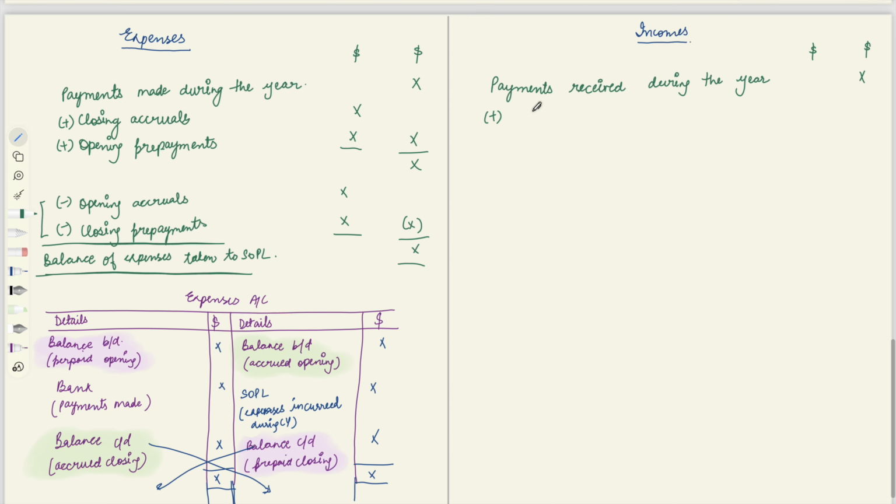Same thing, we will add closing accruals and we will add opening prepayments, and then subtract the opening accruals and closing prepayments.